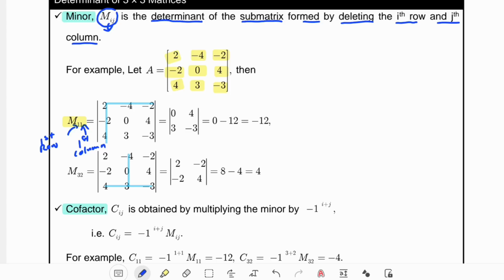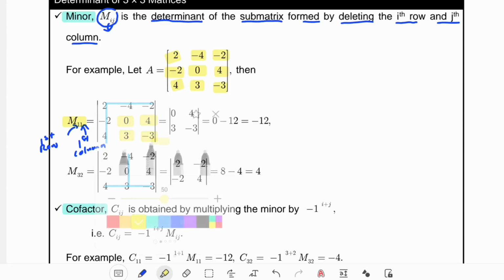after you identify which row and which column, you have to delete that row and that column. After you delete them, you will notice that the remaining elements, there will be only 4 elements left, which will form a 2 by 2 matrix.